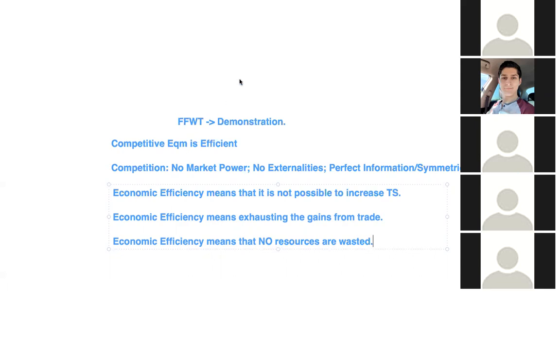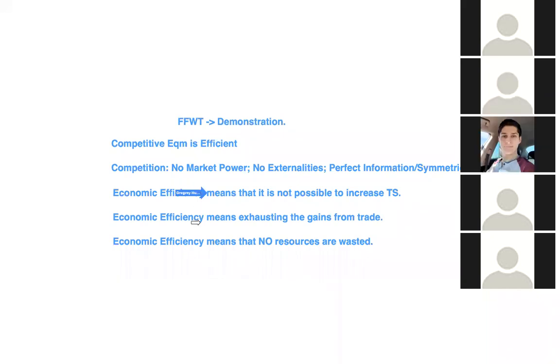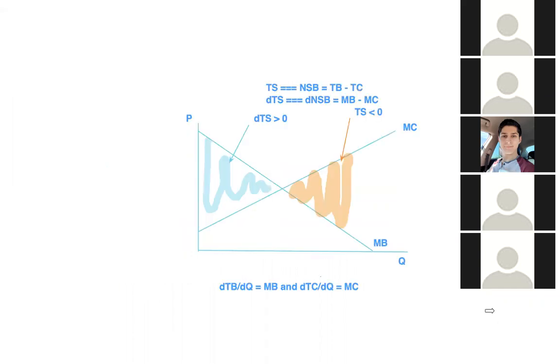Okay, so James, we talked about this first statement, right? Is it clear that these other two statements are equivalent to the first one? I believe so. Yeah. Okay, well, let's talk about the second one. Economic efficiency means that all the gains from trade have been exhausted.